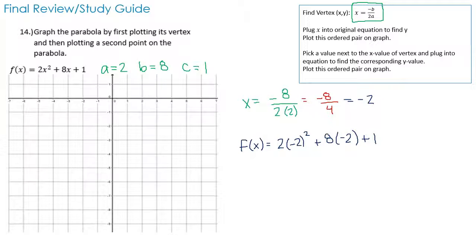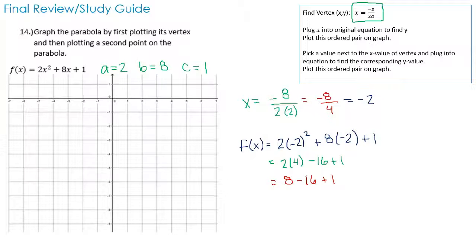So now we just simplify here to help us find that y value. So negative 2 squared is positive 4, so it's going to be 2 times positive 4. 8 times negative 2 is negative 16 plus 1. So 2 times 4 is 8 minus 16 plus 1. And now we just go left to right.